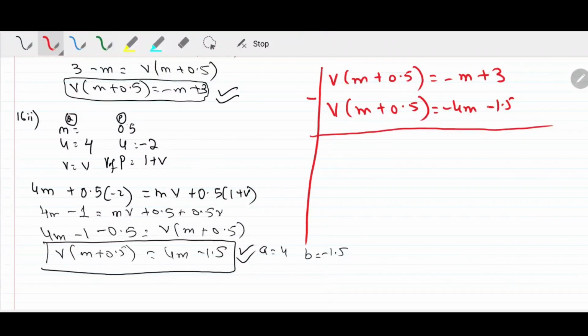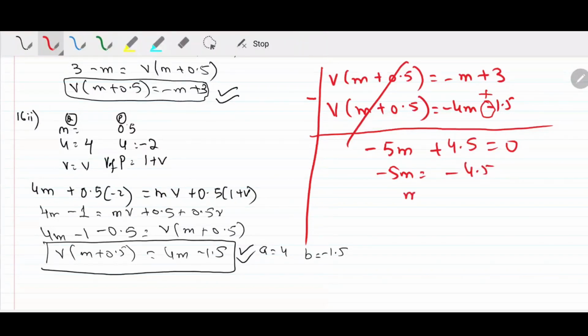This will become minus, this will become plus, this will cancel off, this becomes minus 5m plus 4.5 is 0, minus 5m minus 4.5, m is 0.9. That we needed to show, and hence find the value of v.